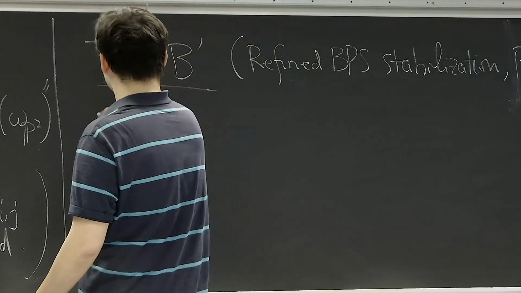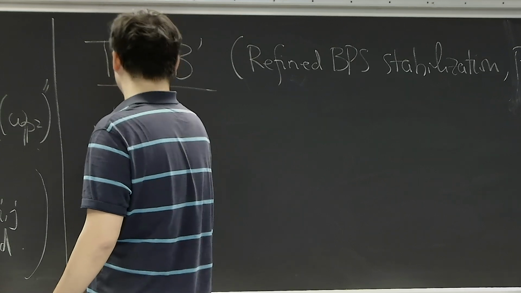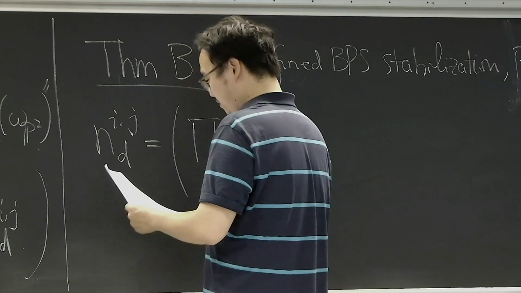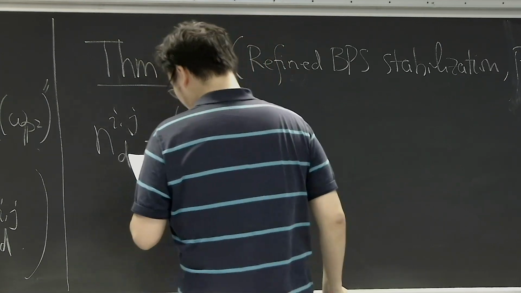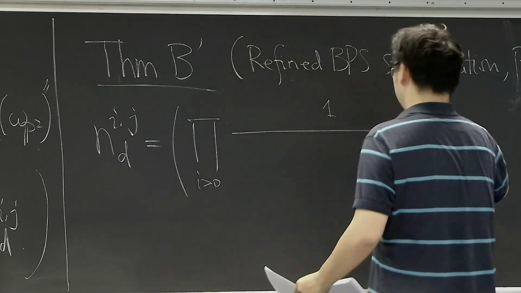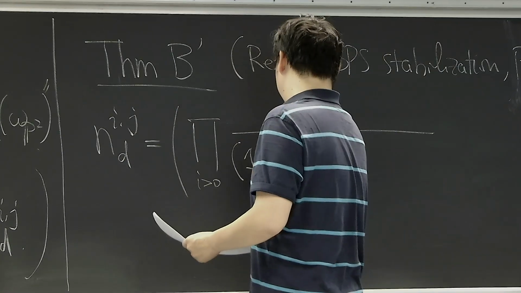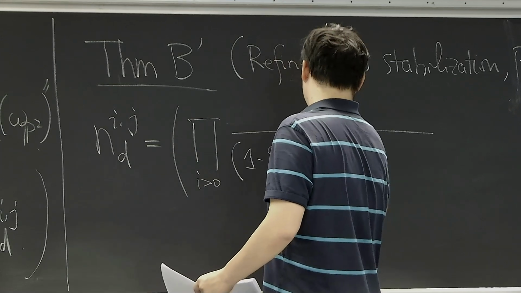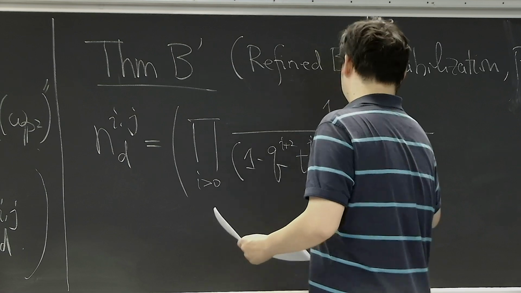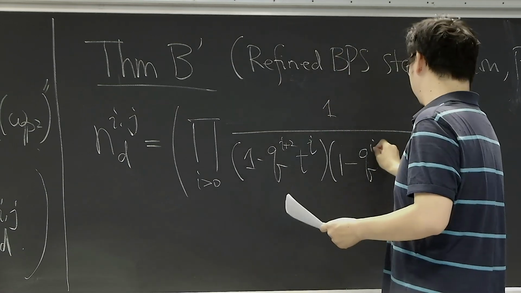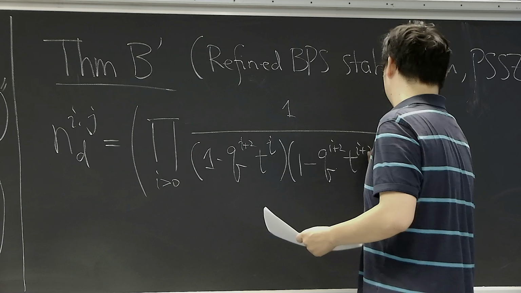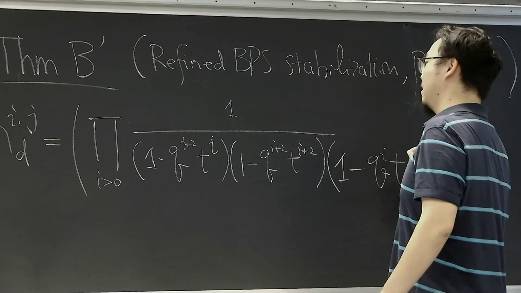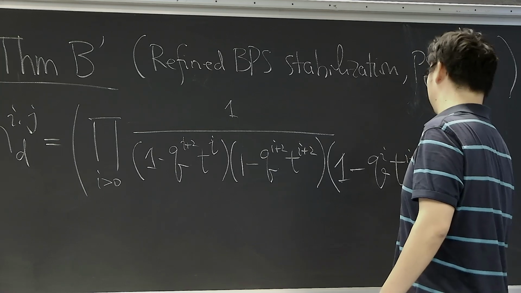So it tells us that the N_{d,i,j} is equal to the coefficient of, for i greater than 1, the product of 1 over (1 minus q^i t^j)... 1 minus q^i t^{i+2}, and so on.